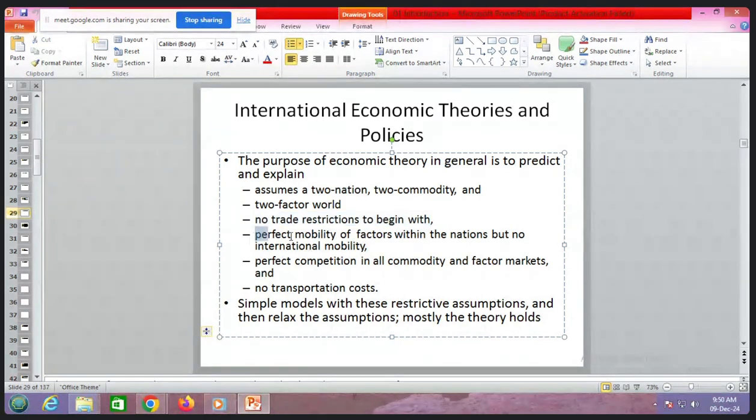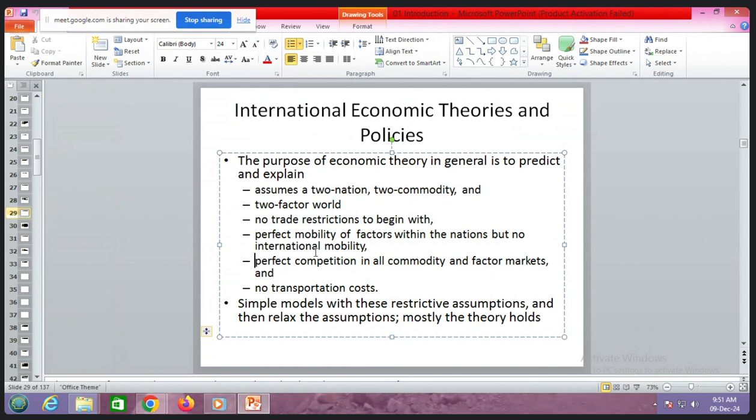We are also talking about perfect mobility of factors within the nation, but no international mobility. I will explain this point when we reach that model, because it would be a little confusing to understand this particular assumption here.